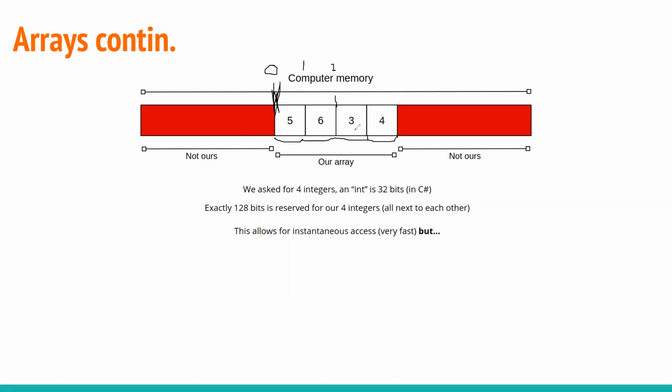So what this means is that the computer instantaneously knows where every item in the array is. Because they're all next to each other and they're all of the same size, the computer instantaneously knows where everything is. This allows for instantaneous access.